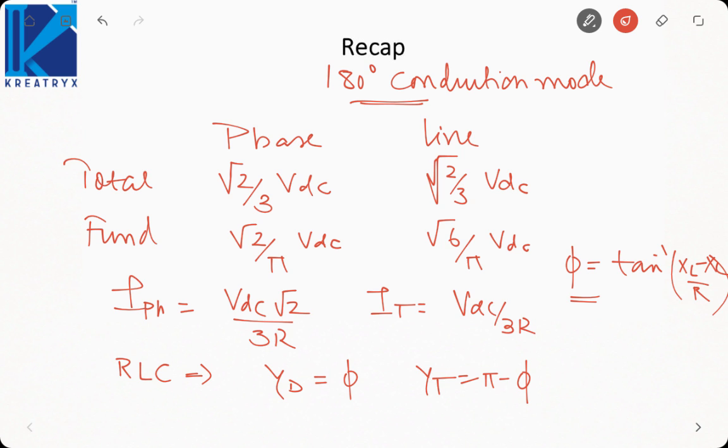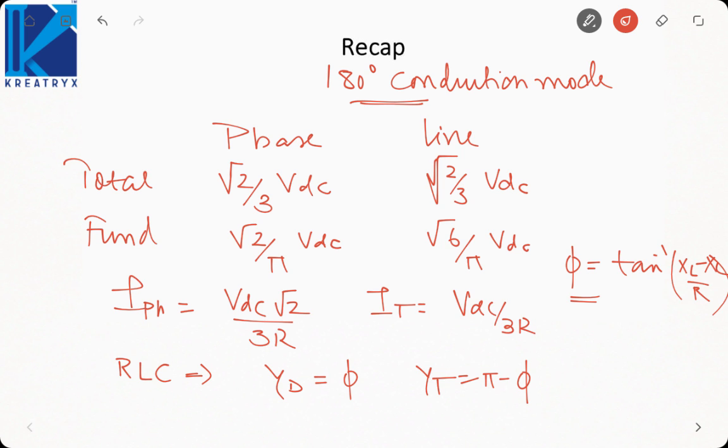Now what happens is, somehow if there is overlap between the conduction of the two SCRs, that is, when T1 hasn't gone out of conduction, the thyristor T4 starts conduction. It will lead to short circuiting of the supply, due to which very heavy current can flow in the devices.